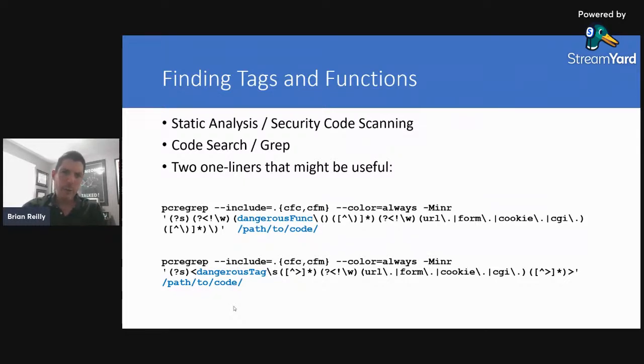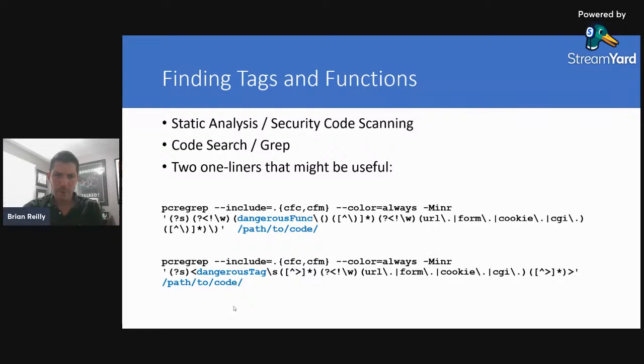How to do this could probably even be a longer talk and something that could get even more involved. But just to show two quick examples using PCRE grep. So this is a grep variation that's available for both Windows and Linux Unix as an add-on. This is one way that you could run some quick and dirty searching.